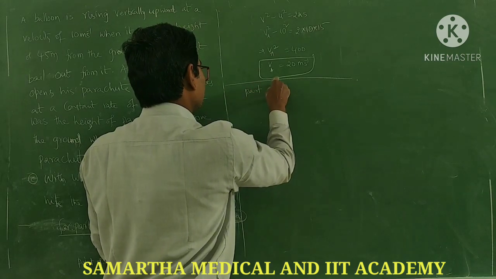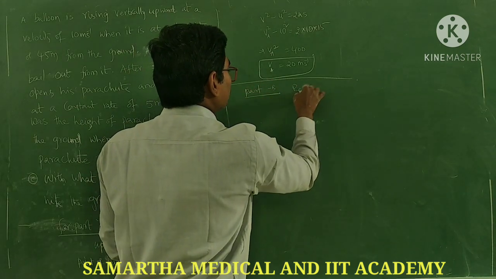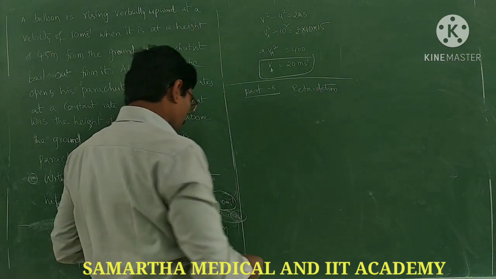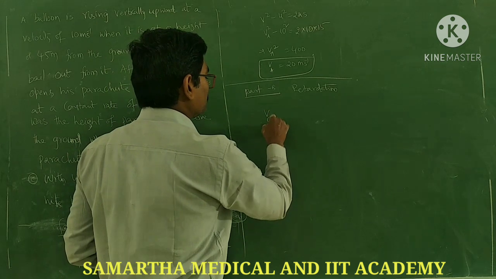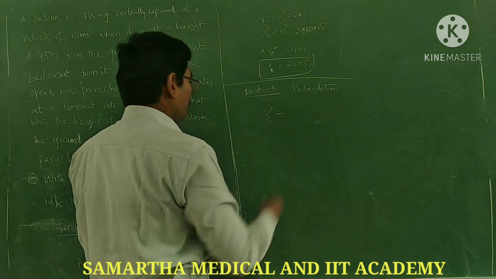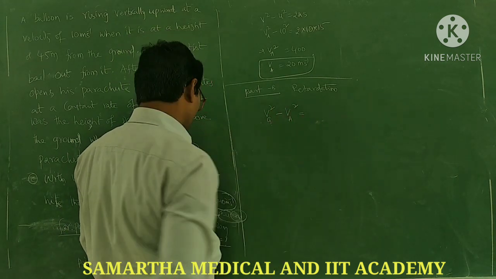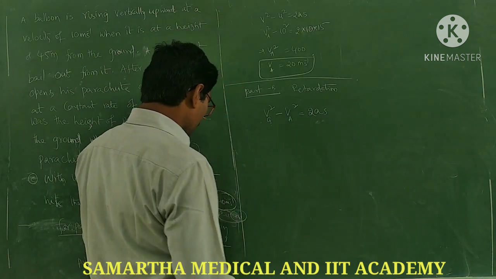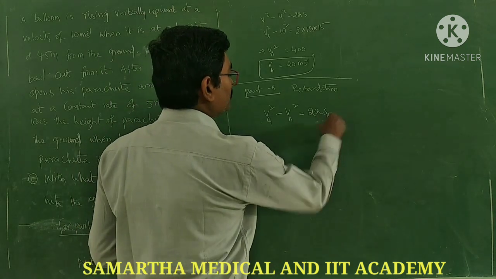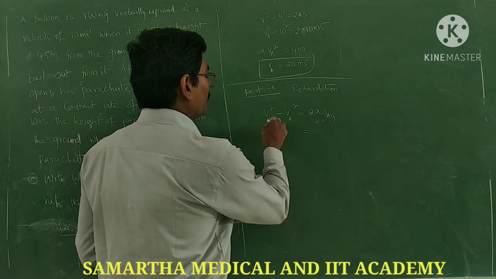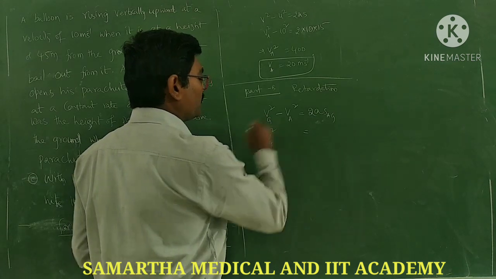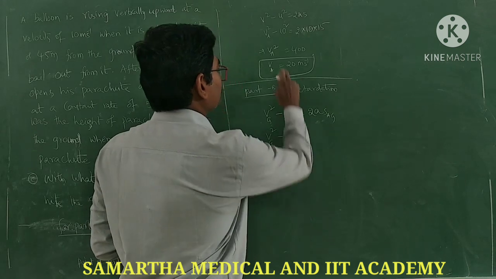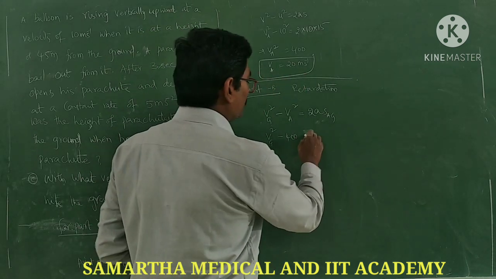Part B, retardation. For retardation, V ground square minus V at point A square is equal to 2AS. S is from A to ground. So VG, I don't know, that only I need to calculate. Minus VA square 400 is equal to 2.